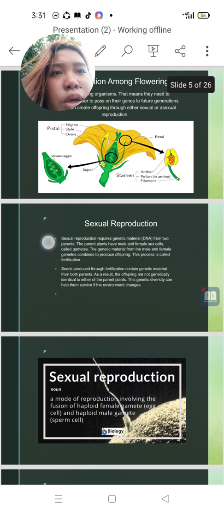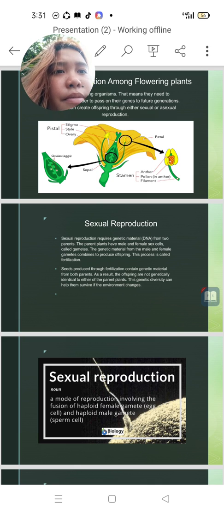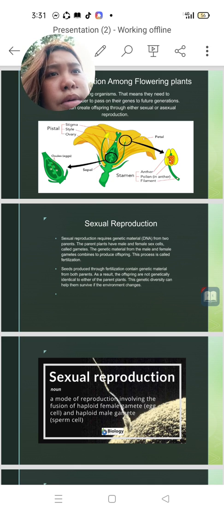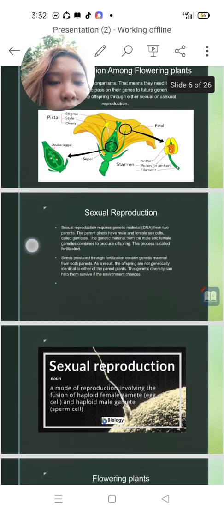The male gametes from the pollen grain give fertilization of the ovules in the flowers.